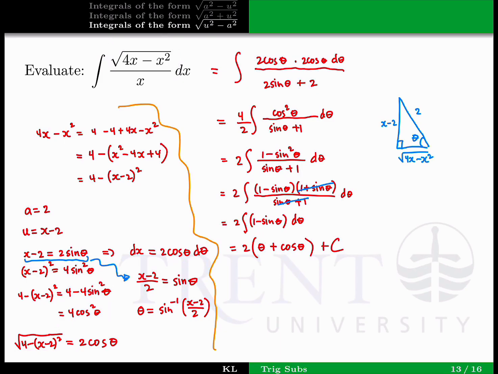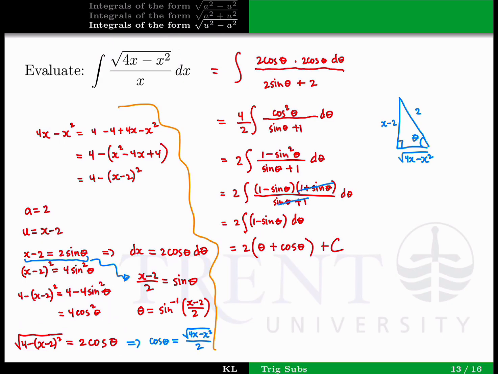Actually, in fact, we can find cosine immediately from here. I just realized that. So, yeah, we got your sine theta. From here, we will have cosine theta equals the square root of 4x minus x squared, and then the denominator will be 2.